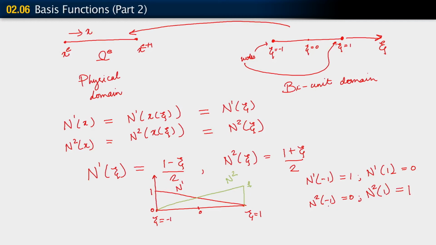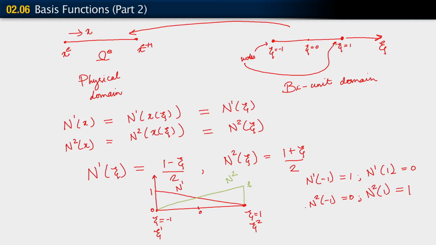Now, if we write these points xi equals minus 1 and xi equals 1 as, let me call this point xi1 and this point xi2, corresponding to the idea that the node on the left in this bi-unit domain is node 1 for the element, and the node on the right is node 2.